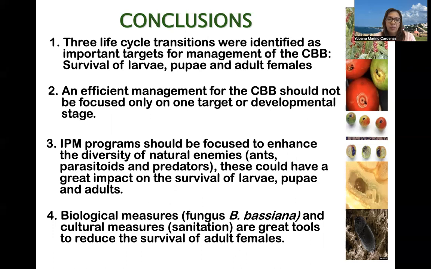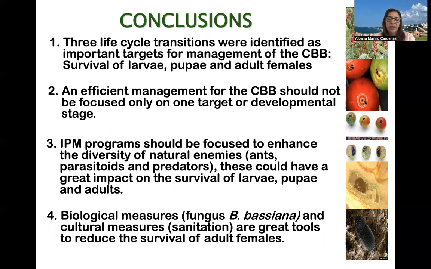Integrated pest management programs for the coffee berry borer should be focused on enhancing the diversity of natural enemies like ants, parasitoids, and predators, because these organisms could have a great impact on the survival of larvae, pupae, and others.